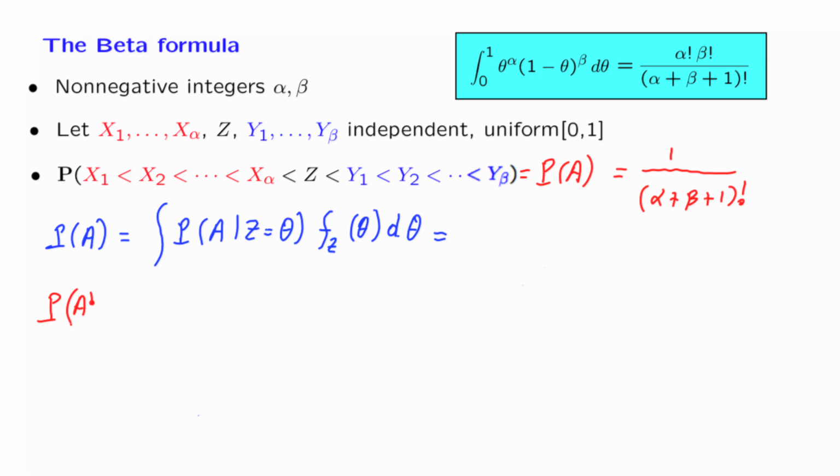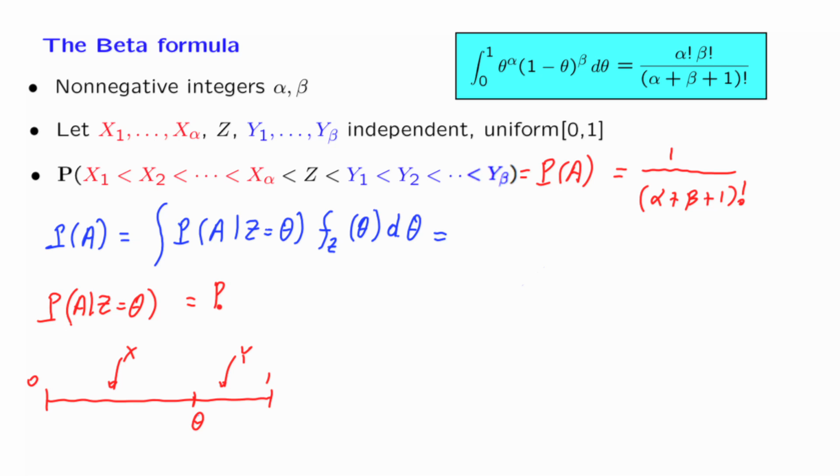We fix a constant little theta, and we want the probability that this event happens. What is this event? It is the event that all of the x's fall inside this interval, all the y's fall inside this interval, and furthermore, the x's are sorted and the y's are sorted.